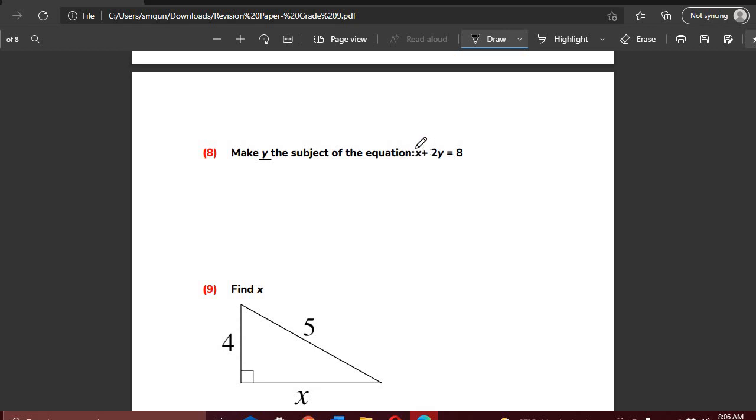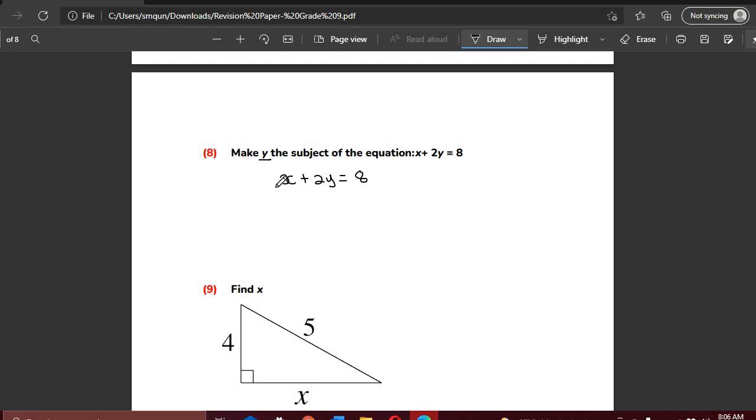To do that, I'm going to have to figure out how to get rid of this x and how to get rid of the 2 in front of y. x here would represent a constant. So what do we do when we want to get rid of constants? We look at the sign that the constant has, and we do the opposite. This x would be a positive x, because whenever a number does not have a sign in front of it, it is a positive number.